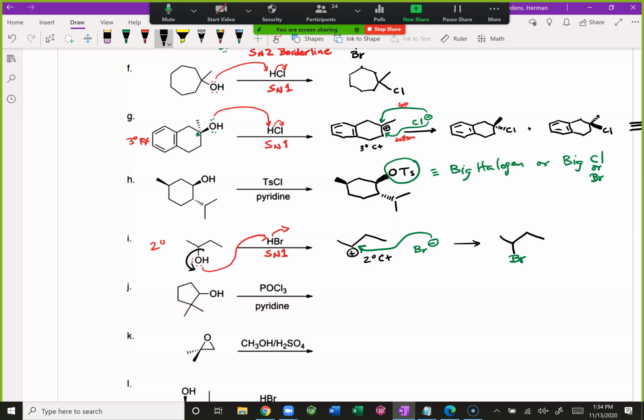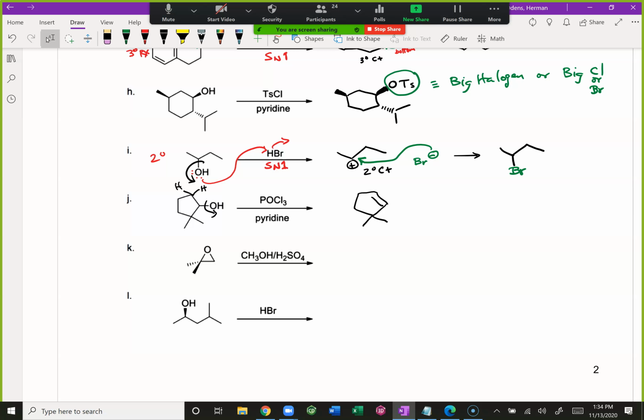So you know that the H that you're going to withdraw from here will be on the opposite side. So you'll be kicking this out and forming a double bond right there. And that's the only place that it can go. So you make that.